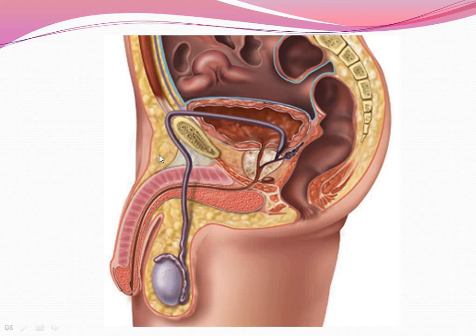Okay, again going back to the vas deferens. It receives a duct from the seminal vesicle, and now it creates a structure here that is called the ejaculatory duct, right? And this ejaculatory duct is under the control of the autonomic nervous system, and that is stimulated whenever there is a sympathetic response. So whenever there is stimulation of the sympathetic nervous system, then ejaculation could happen, right?